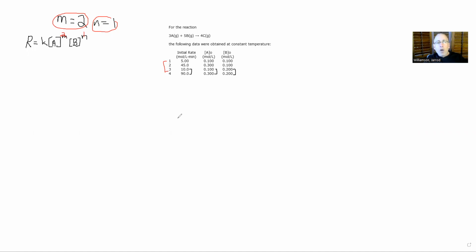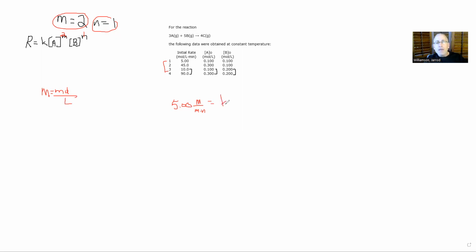So for experiment 1, the rate is 5 moles per liter per minute. Well, I'm going to rewrite that as molarity per minute. Because remember, molarity is moles per liter. So I'm writing it that way to clean it up just a little bit.